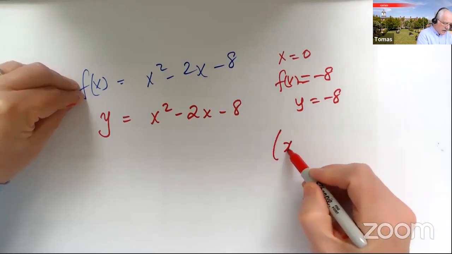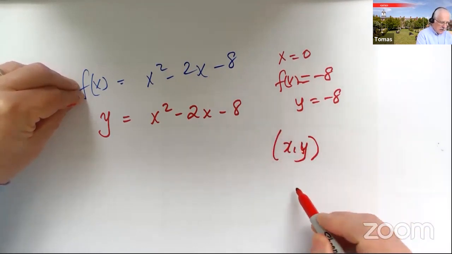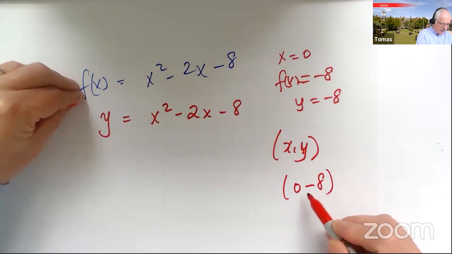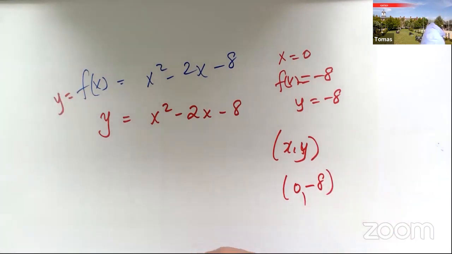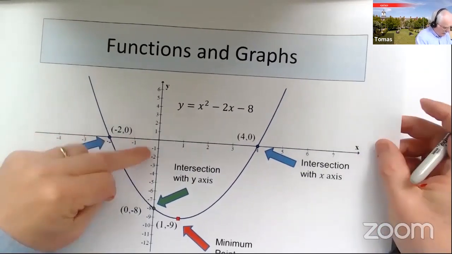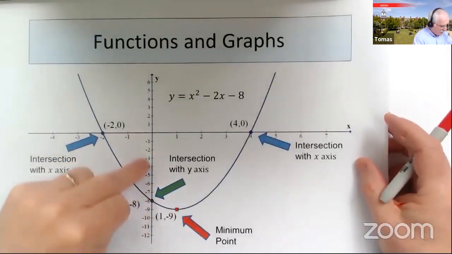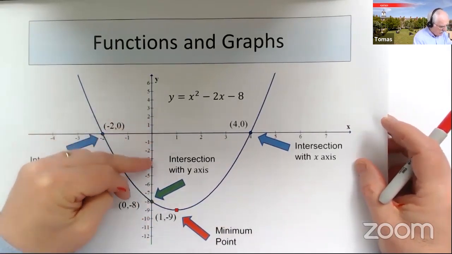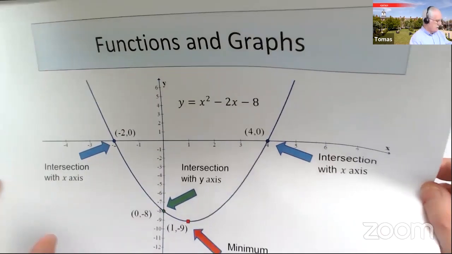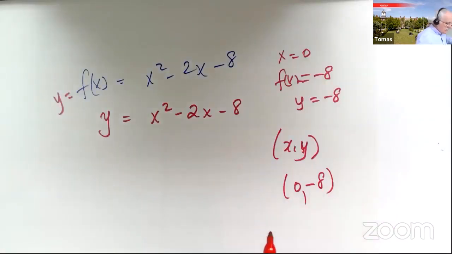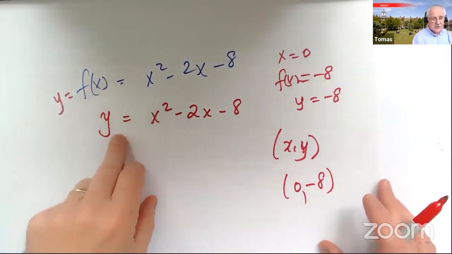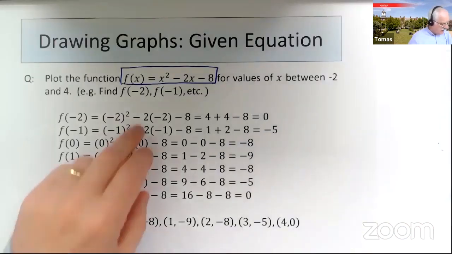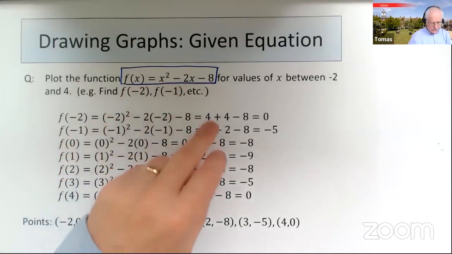Or in other words, (x, y), the point, is (0, minus 8). And I think we saw that before. We saw that (0, minus 8) was actually the value of y when x was 0. x is 0, y is minus 8. So that's our value. So don't be put off with this f(x) thing. It's just really another word for y. So they're saying plot the function.